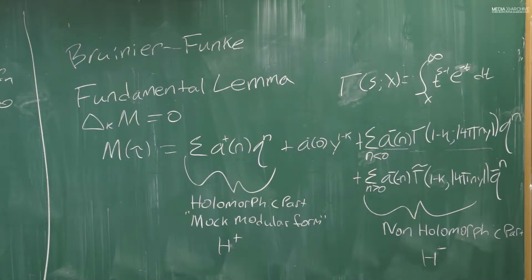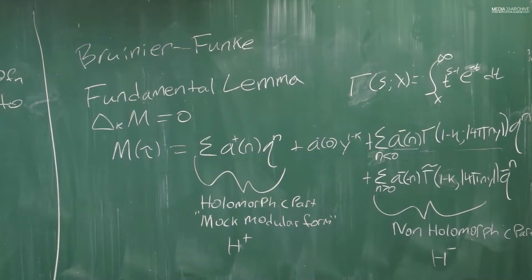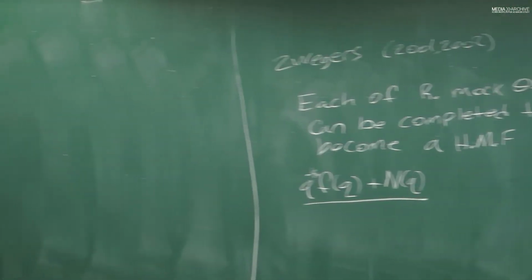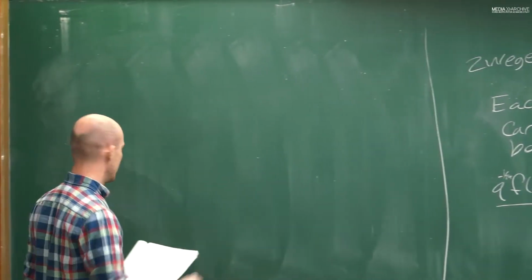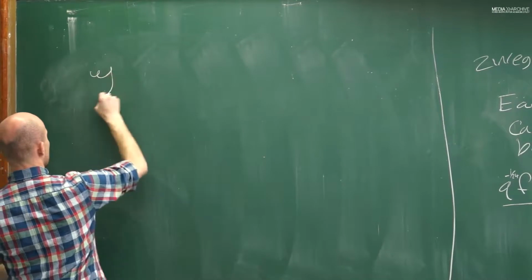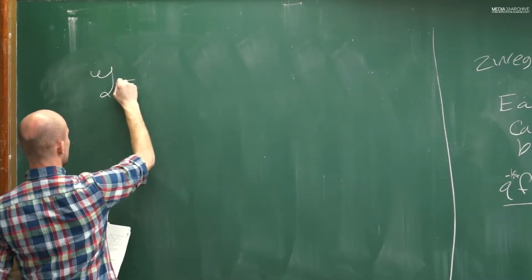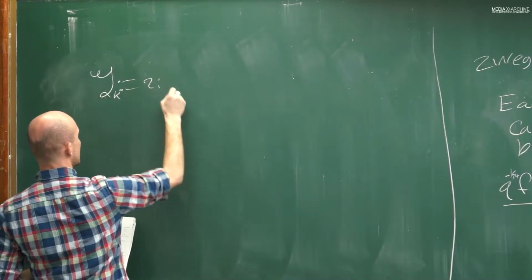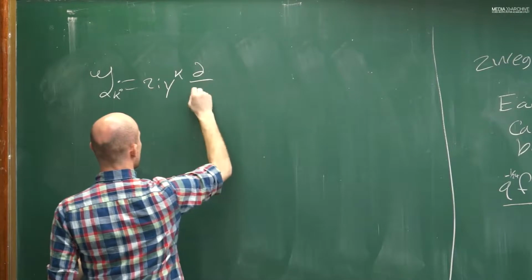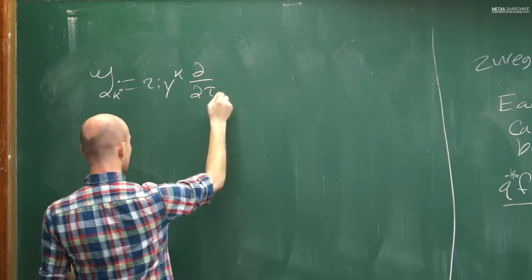In the theory of Maass forms, back before Bruinier and Funke certainly, there's this differential operator, xi sub k, which is defined to equal 2i y to the k partial over partial tau bar.